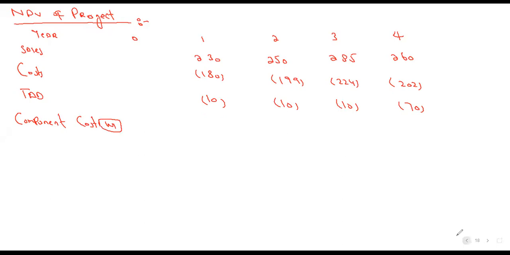Anybody in the class who will try to compute the component cost? Try. Sir, let me try.